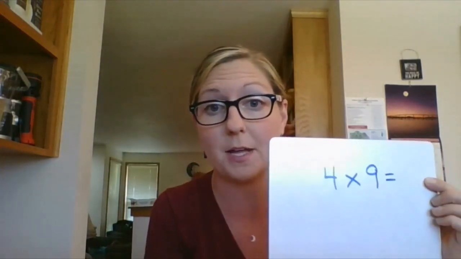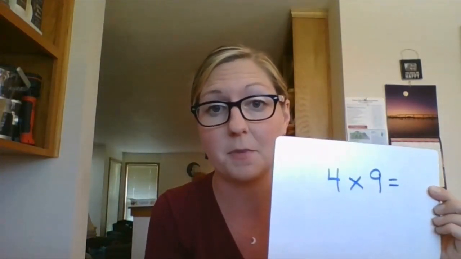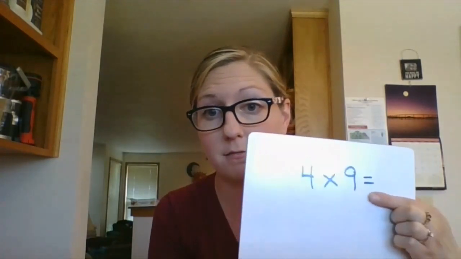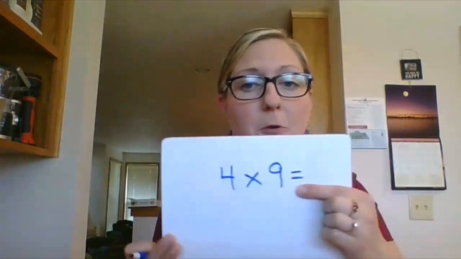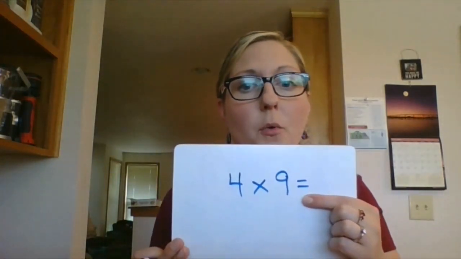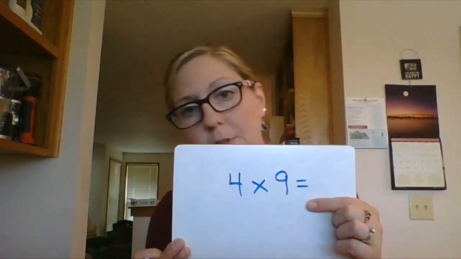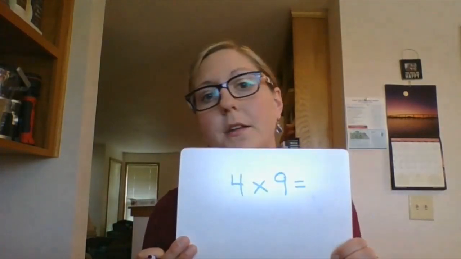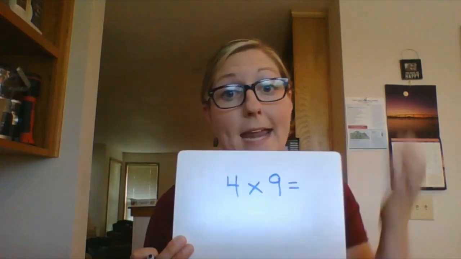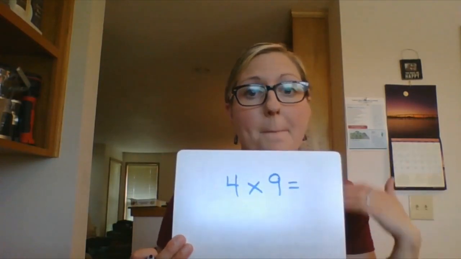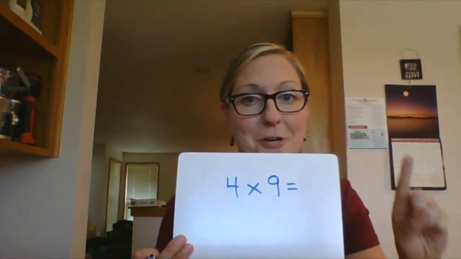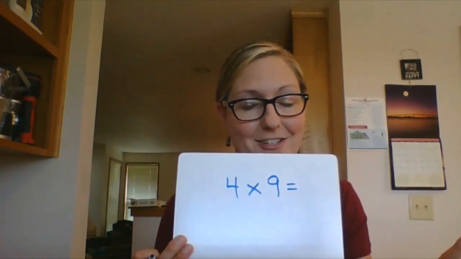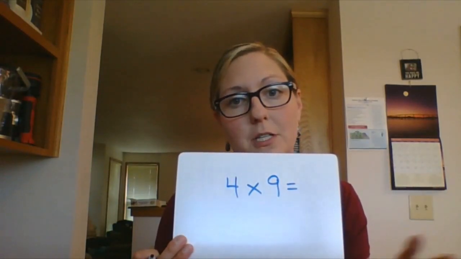So this example I'm going to use is a problem that has a times 9 that we're going to think about. So 4 times 9. When we use the distributive property, we pick one of the factors to break apart. And it works either way, but the trick is you can only break apart one of the factors. So you have to pick which one you want to use.